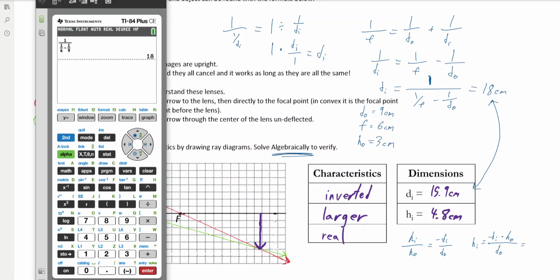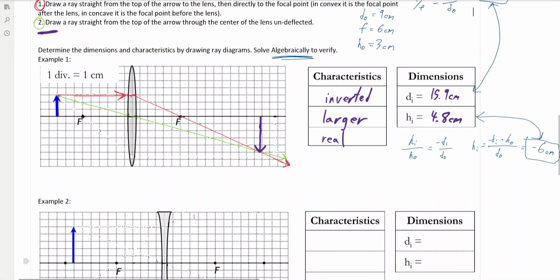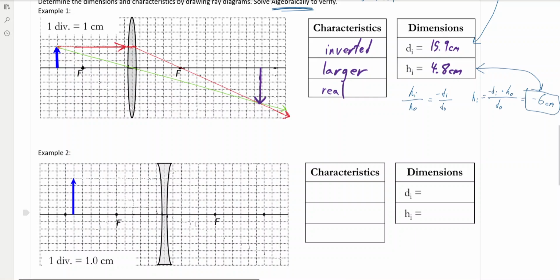And this will get you negative DI, which is 18, times HO, which is 3, over DO, which is 9, and we get a result of negative 6 centimeters. And again, we got about 5, so again, this is not the most perfect of all drawings, but it's not too bad either. Okay, so with all that said, you can go ahead and pause the video now and try the same process with example number 2.